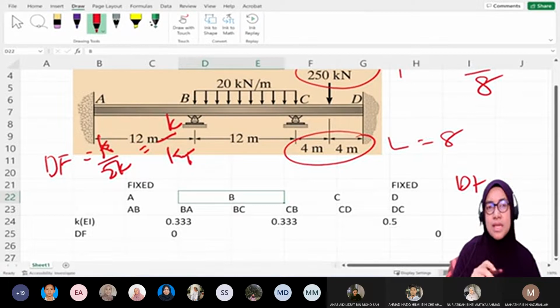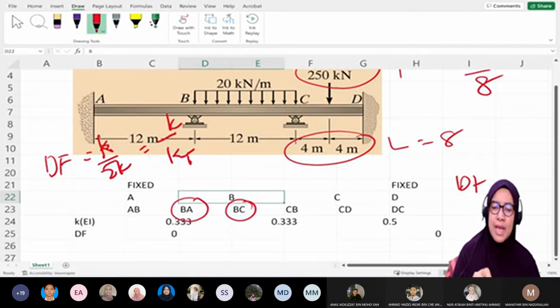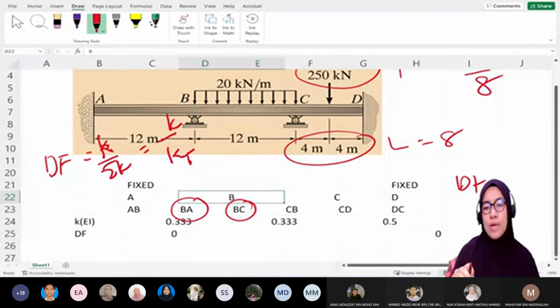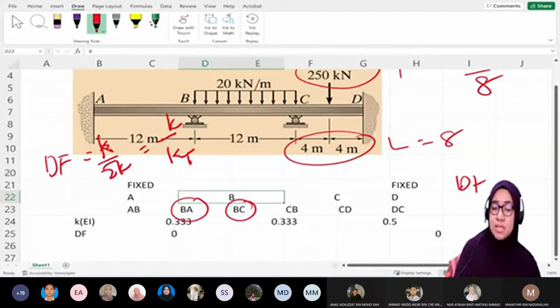So K total maksudnya K total for each joint. So B ni consists of BA plus BC. So K for BA is 0.333. K for BC is 0.333. Yang tu joint. So totalkan lah, kita dapat 0.666. Okay.